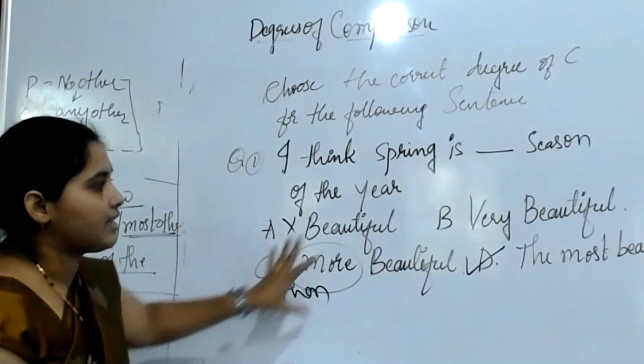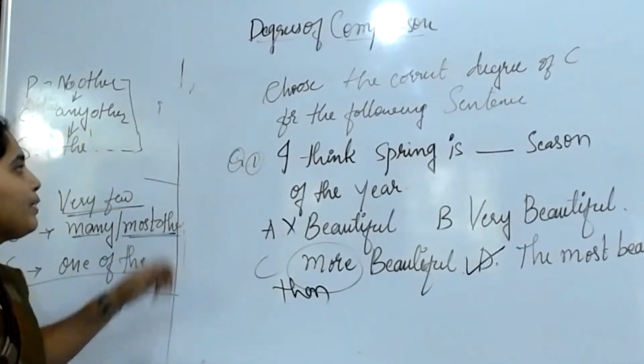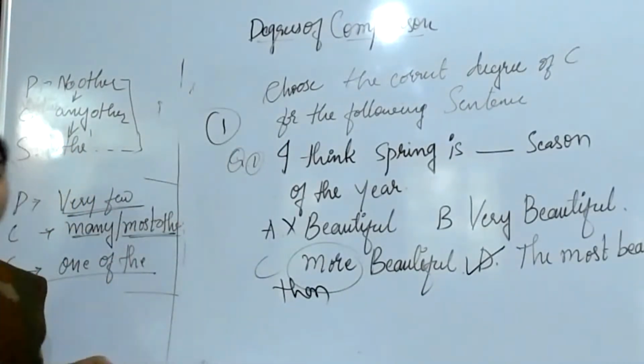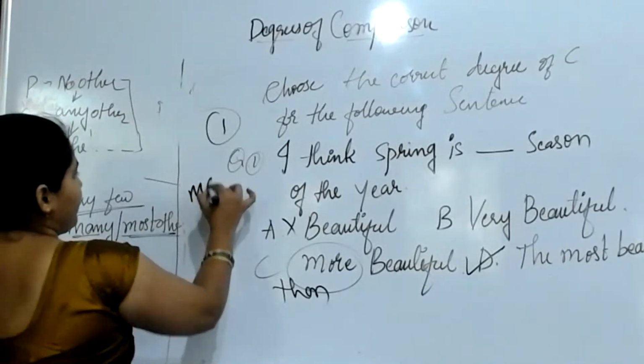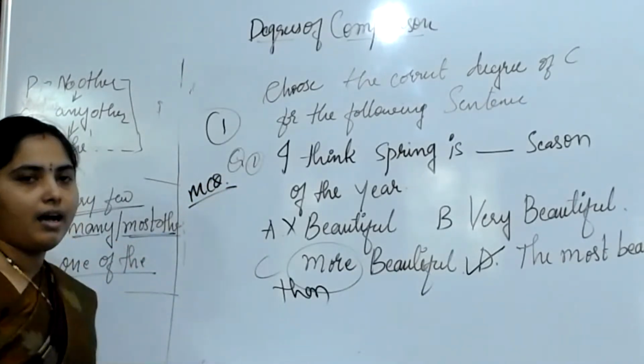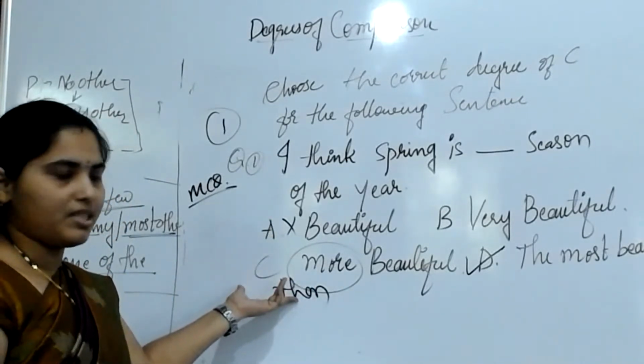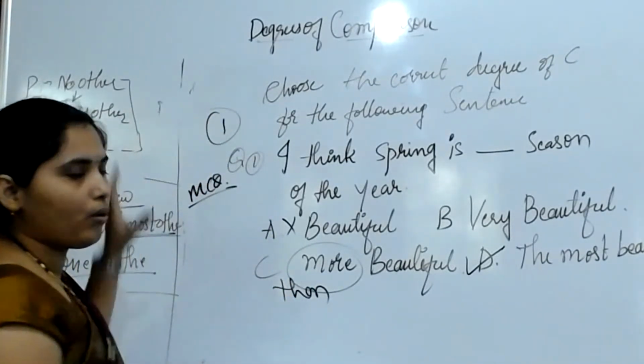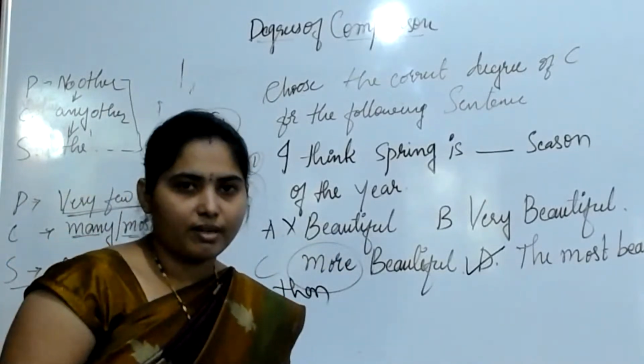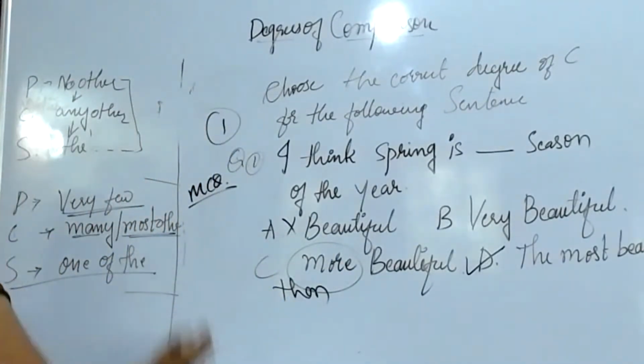This is how they'll ask the question in your examination, which carries 1 mark in the MCQs. They will ask either in do as directed or in the MCQs. I hope you understood all about the degrees of comparison. You should keep these three types in your mind.